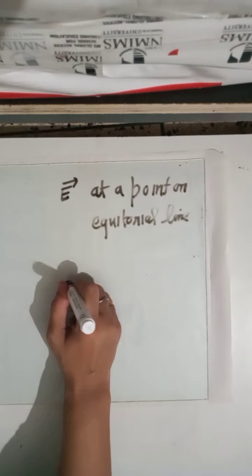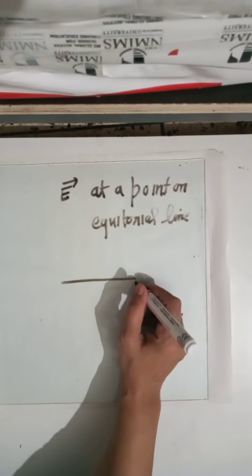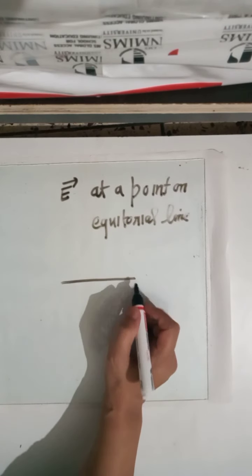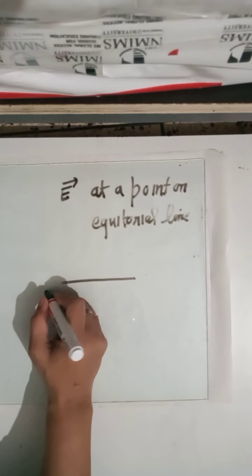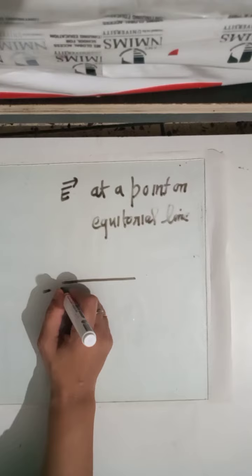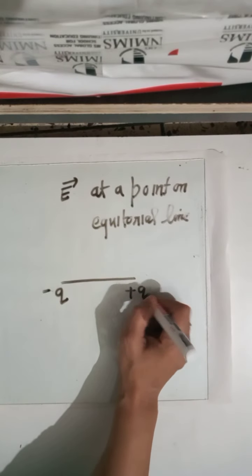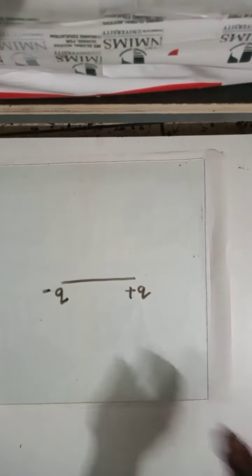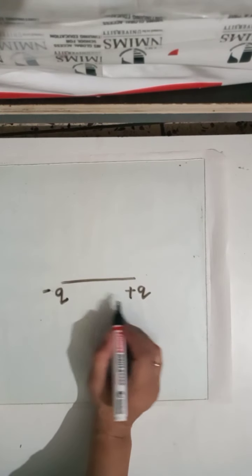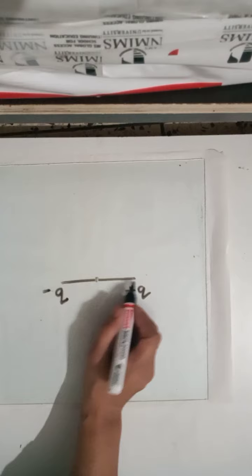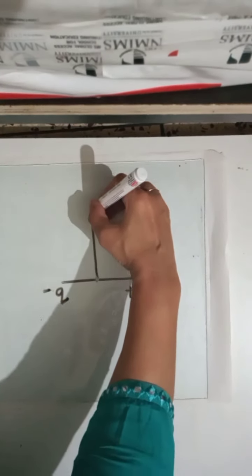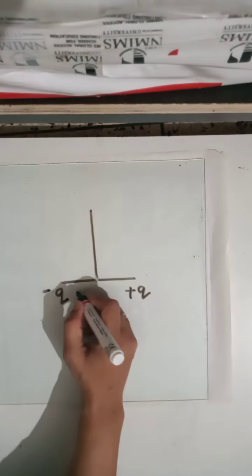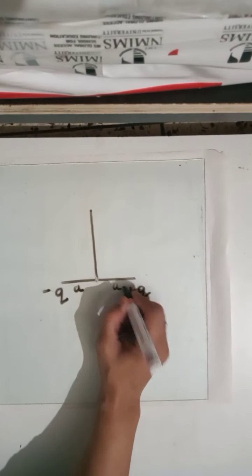Now here is your minus q charge, and plus q. These two are the charges and the distance between them is 2a. Now this is the line which is passing through the midpoint. Then this value is a, this value is a.